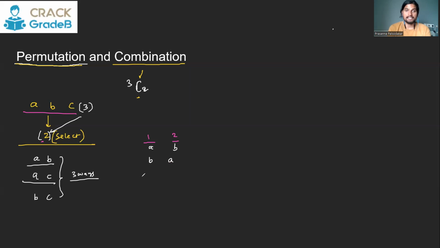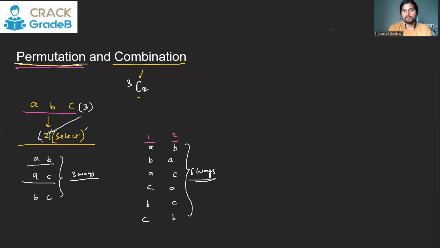If you select AC, then A here, C here will be different from C here, A here. Similarly, BC and CB will be different. So now there are a total of 6 ways. This is called the permutation. So permutation means selection and arrangement.